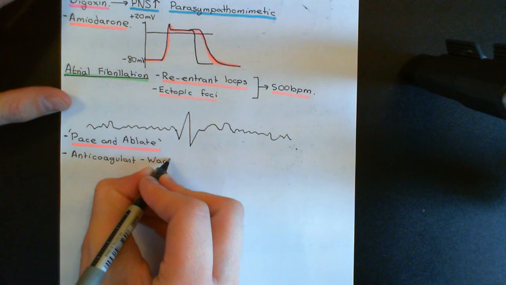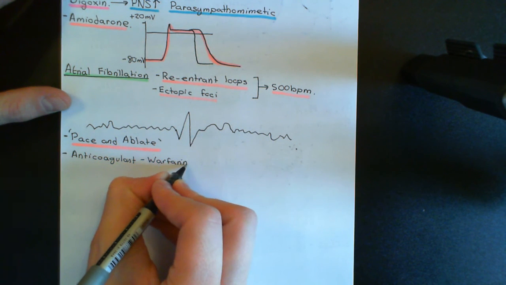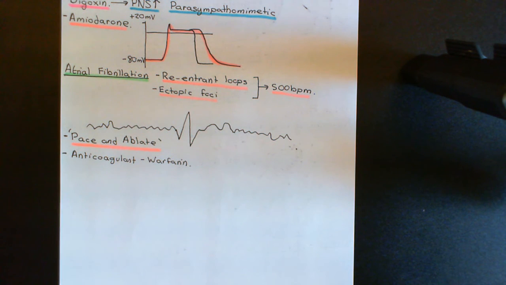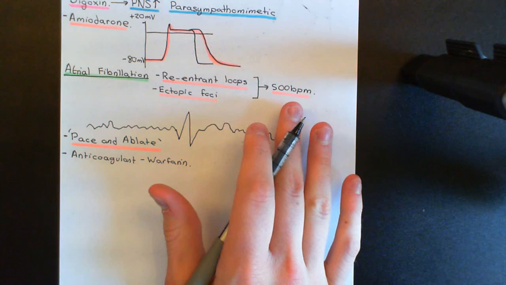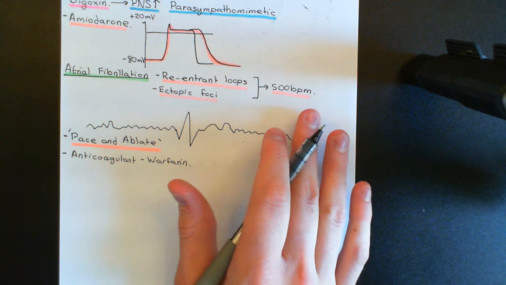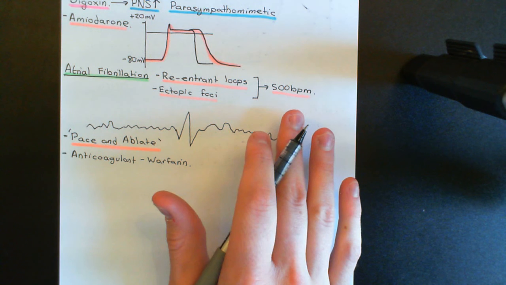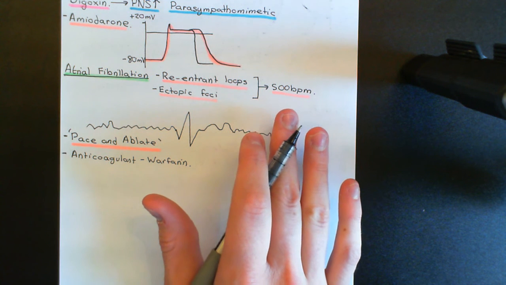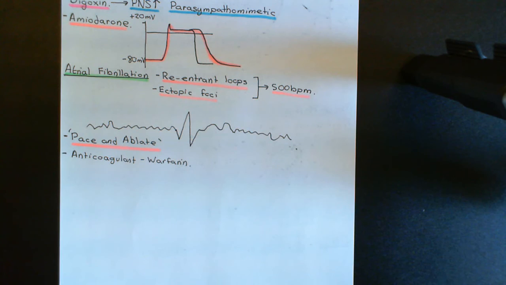Okay, now why do they need to be placed on an anticoagulant? Well, if you're in atrial fibrillation, the atria are potentially contracting at a rate of 500 beats per minute. They will not actually be contracting and relaxing at that rate. What will be happening is they'll be in a permanently contracted state, and then they'll try relaxing a little bit, and then before they've got anywhere, they will be contracting again.